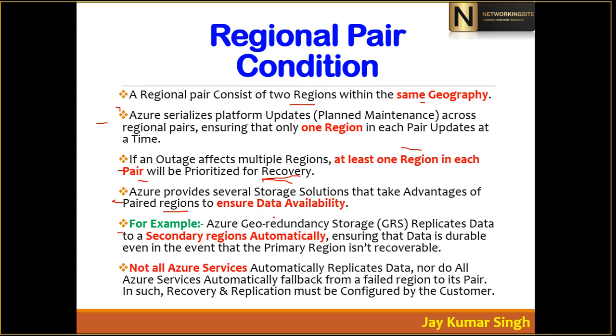For example, Azure Geo Redundant Storage (GRS) provides secondary region data replication automatically. I already told you in the beginning of the class that not all Azure services provide automatic replication. For some, you have to configure manual replication between regions.